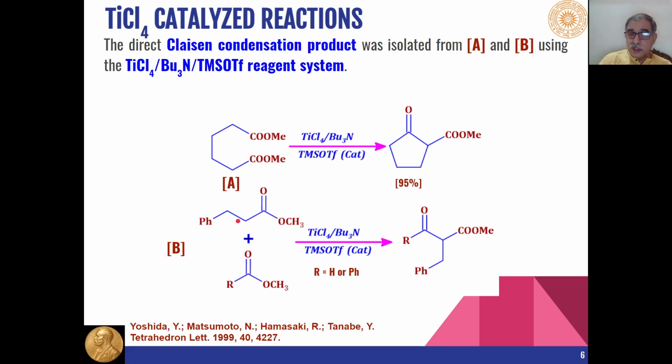So the carbanion will be generated in this ester, and this will add to the carbonyl group of the other ester to give us these types of Claisen condensation products.